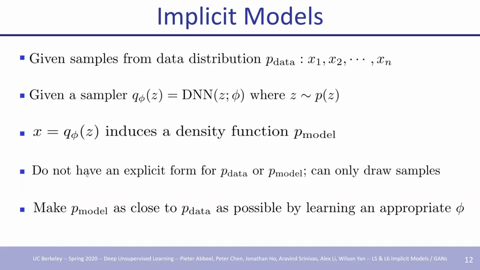Okay, so we do not have an explicit form for our data or our model. The only thing we can do is get samples. So we can say, give me a data sample, or generate me one.